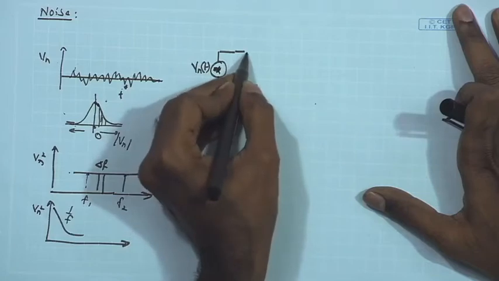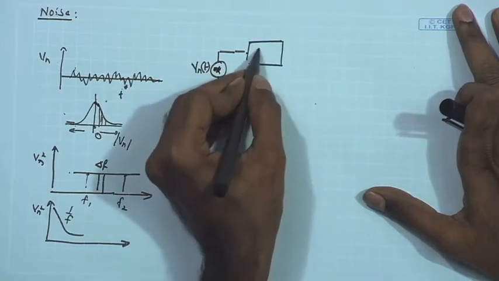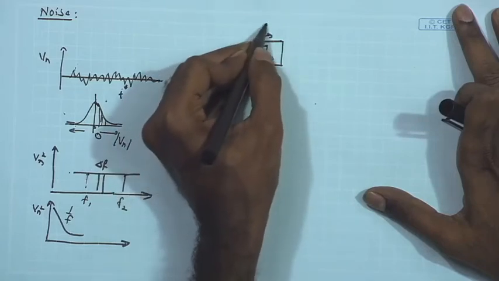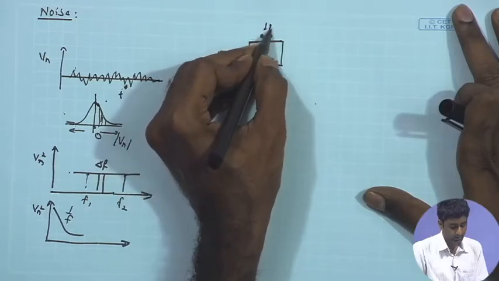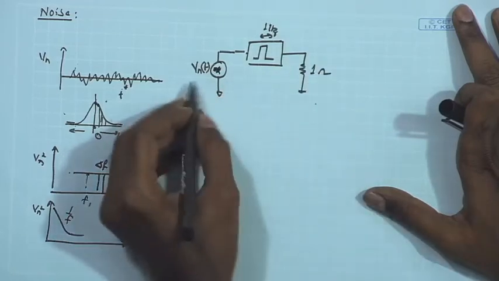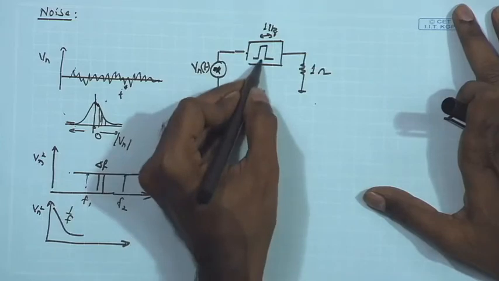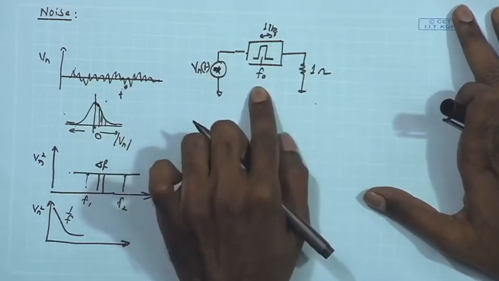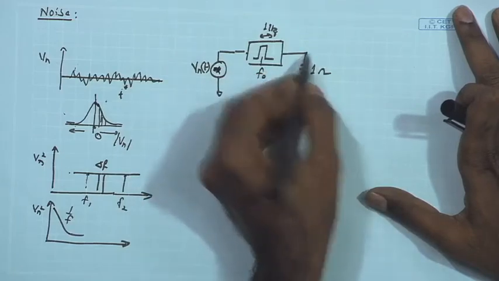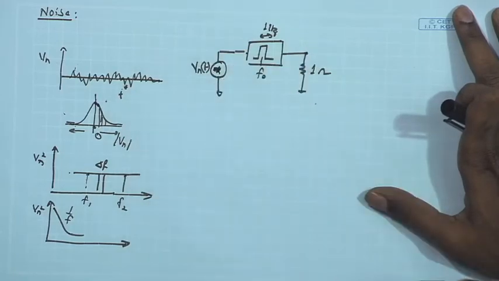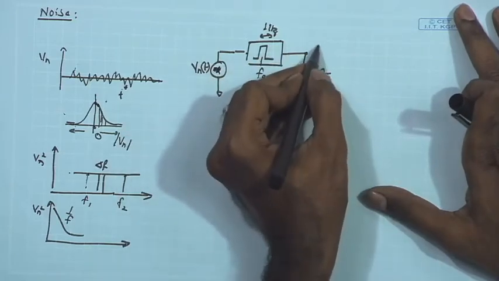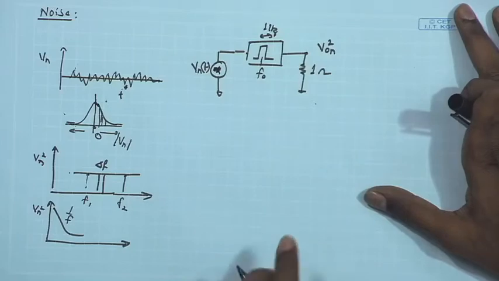And I have a band pass filter over here, a very narrow band pass filter, assuming a band pass of 1 hertz bandwidth, and after that you have a resistor load of 1 ohm. Whatever V n t you apply is passed through this filter with a certain frequency f naught, and you are analyzing the voltage achieved at this particular point, taking the mean square of this voltage. So, you are taking output V o n square over time.